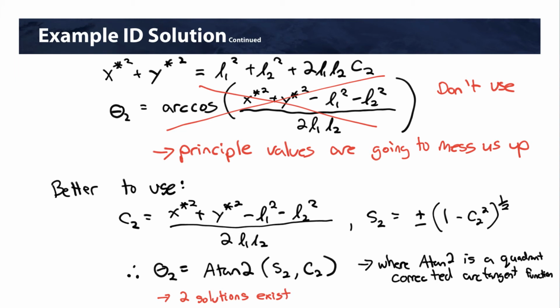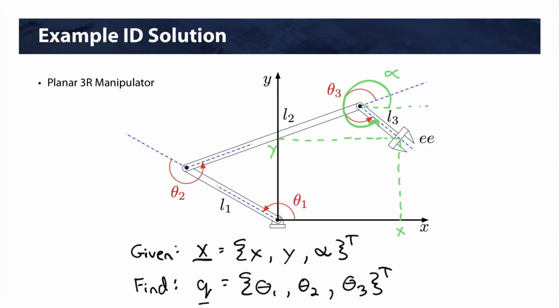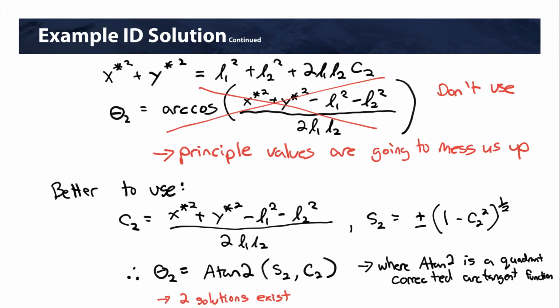If we were to jump back to our robot arm, one solution would be the elbow this way, but we could also have the elbow this way and get the same thing. So you can have multiple solutions to the inverse displacement problem, and we'll talk more about this as we do other examples throughout this course.